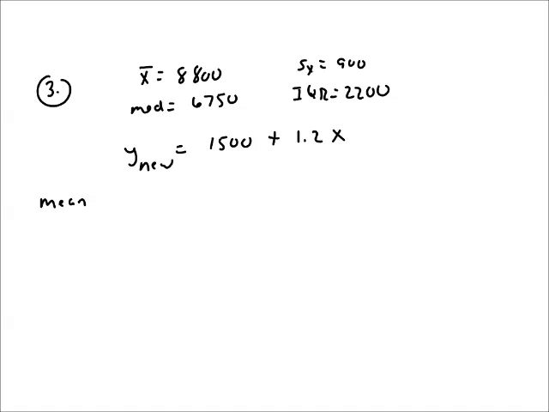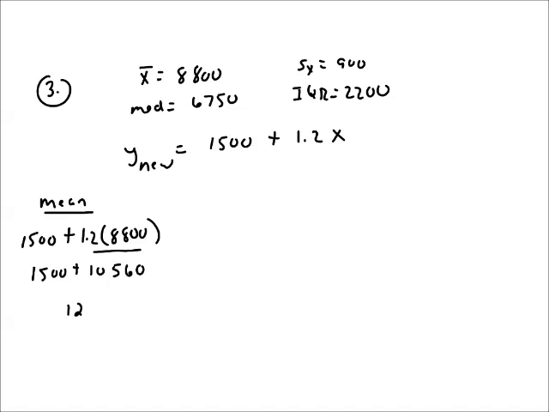Let's do the mean first. The mean would be 1,500 plus 1.2x. Well, x will be the mean, 8,800. Now ask yourself, do we add, subtract, multiply, divide with mean and median? Well, we do everything with that. So I do 1.2 times 8,800 first. I get 10,560 plus 1,500, 12,060.